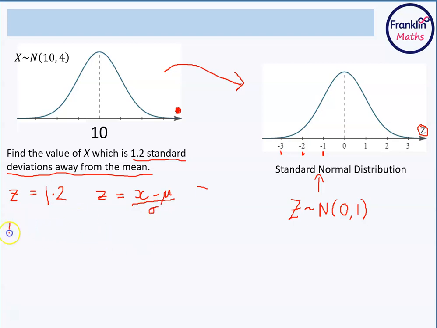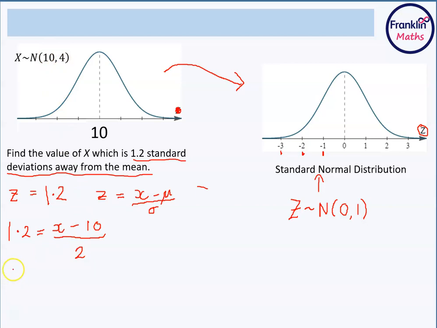So I'm going to fill in what I know. 1.2 is z, that's equal to, now we don't know x, we know that mu was 10, and we know the standard deviation was the square root of that, 2.